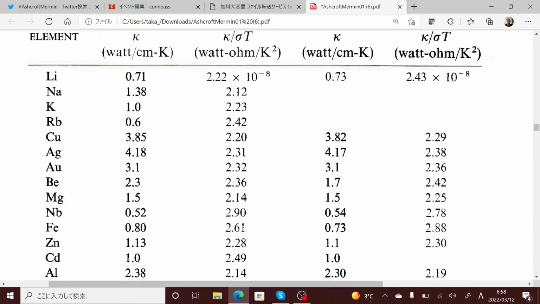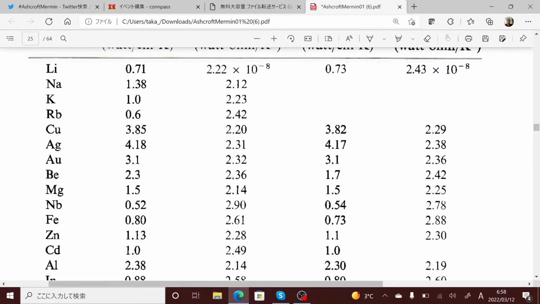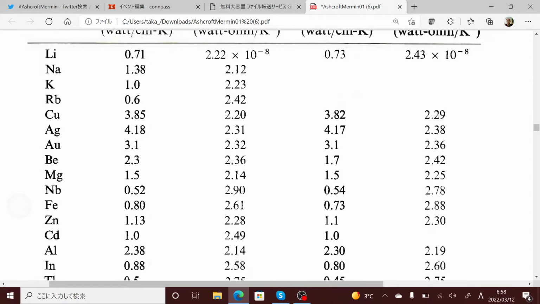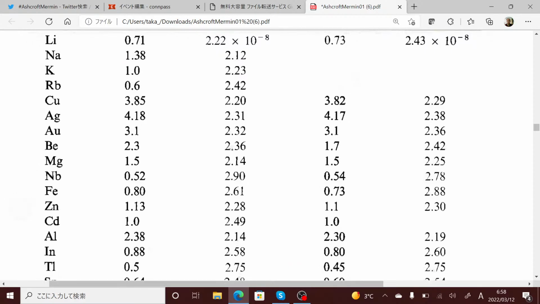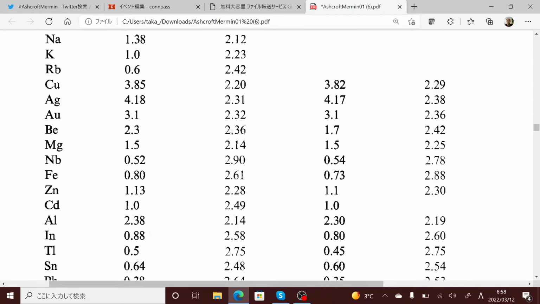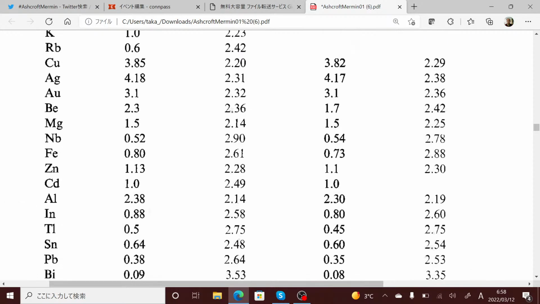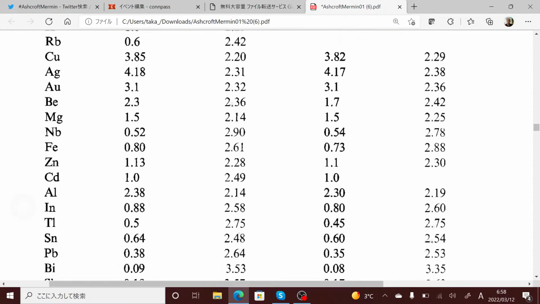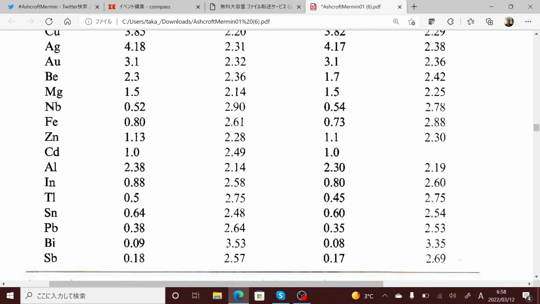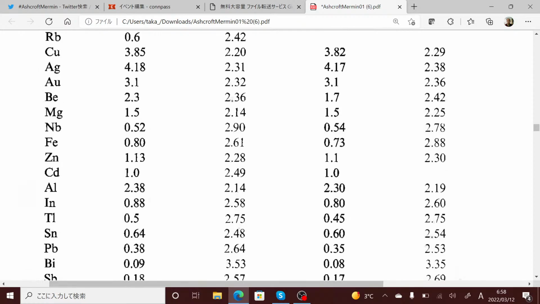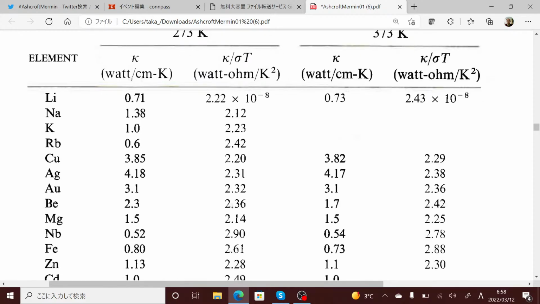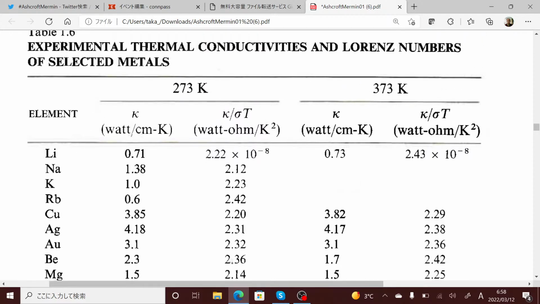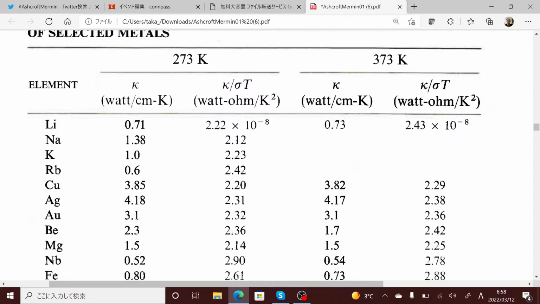Copper and silver have large thermal conductivity, as do gold, beryllium, and aluminum. But for all these metals, the Lorentz number is almost 2.2.